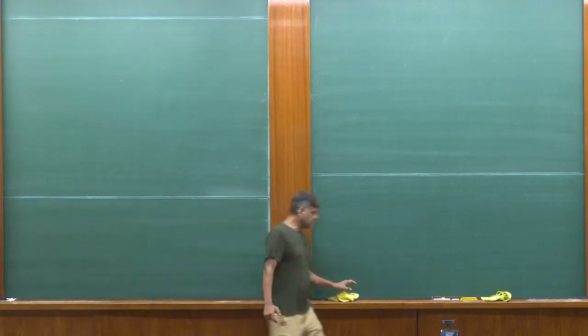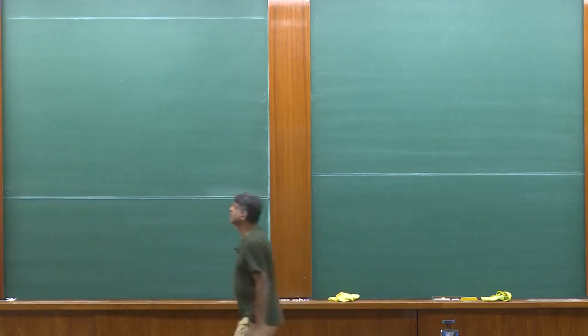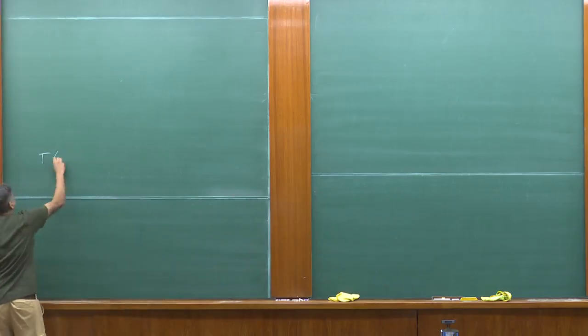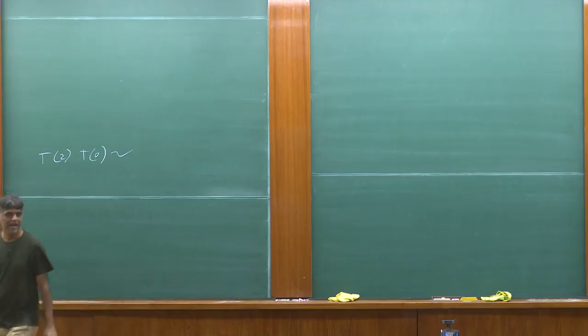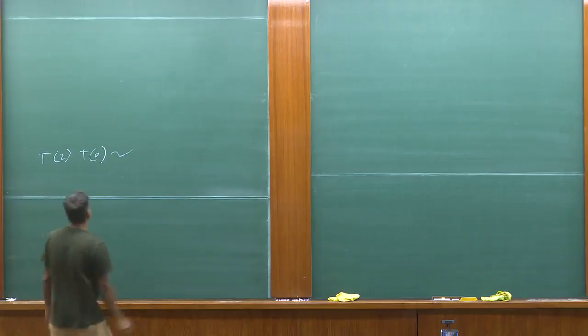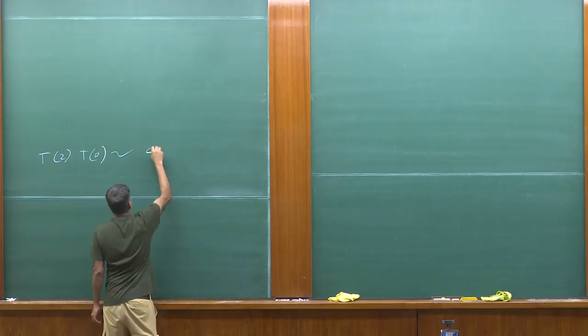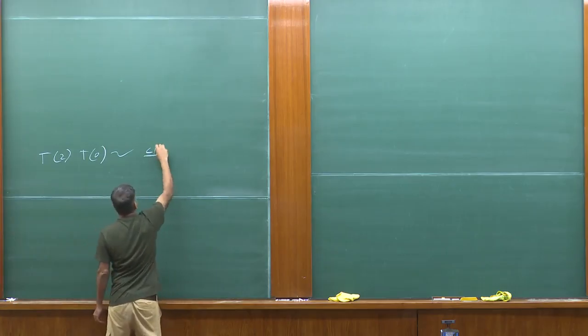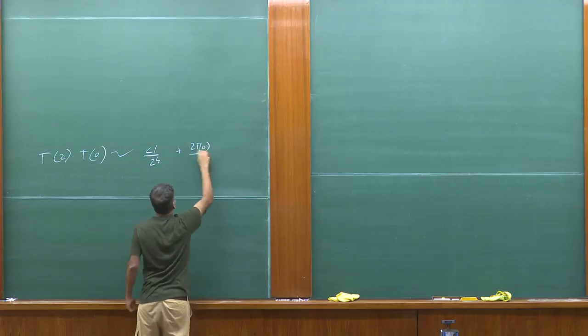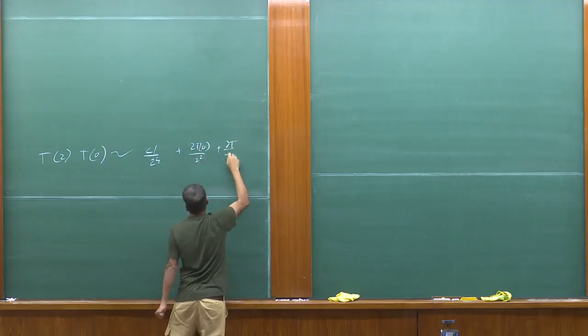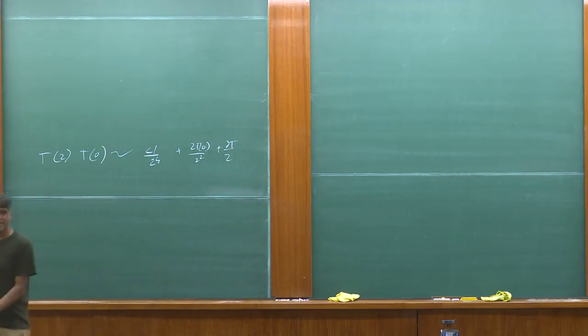You might remember that at the beginning of the course, we started by studying the OPE of T with itself. On very general grounds we argued that this OPE had to take the form c/12 over z to the 4, plus 2T(0) over z squared, plus ∂T over z.